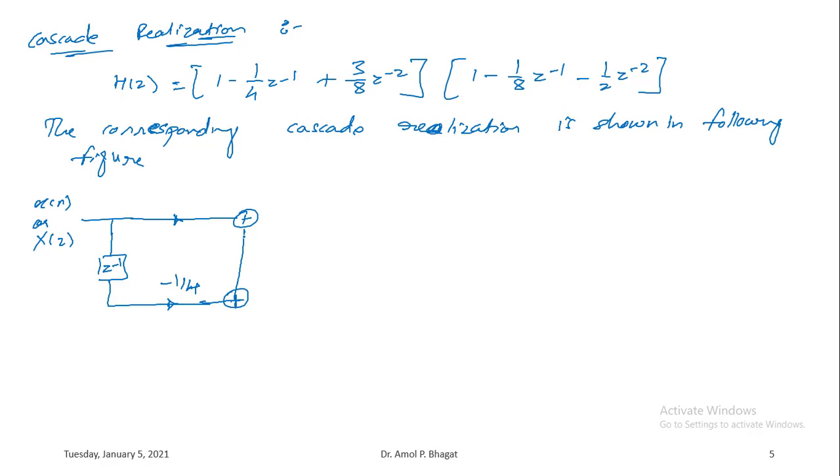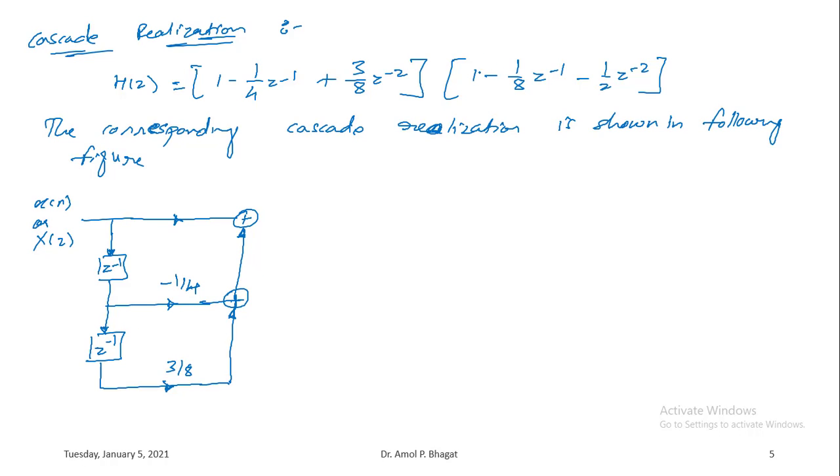Another adder is needed here. You will need one more delay element, z inverse, which is multiplied with constant 3 by 8, then it will be added here, right? So this is how you can represent this first bracket.